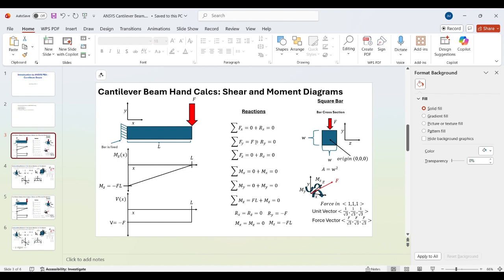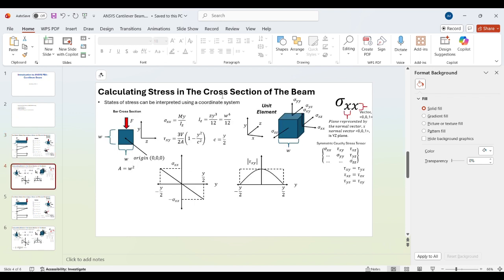For Fy, I'll have F plus Ry, the reaction at the fixed support, equals 0. And then you need to sum the moments about the fixed support and set them equal to 0. So we find that our y reaction is just going to be equal to the opposite of our applied force, and our moment will be equal to the opposite of the applied force times the length.